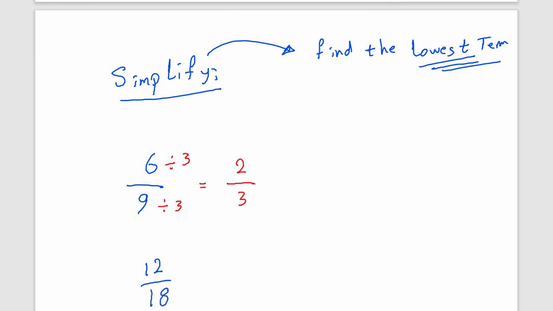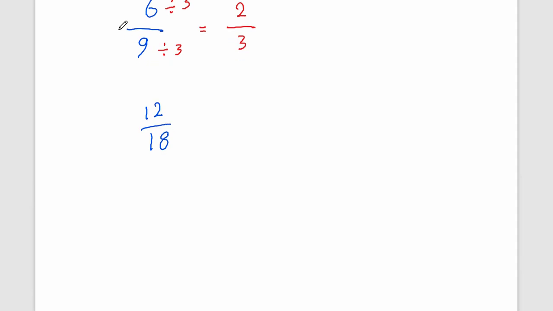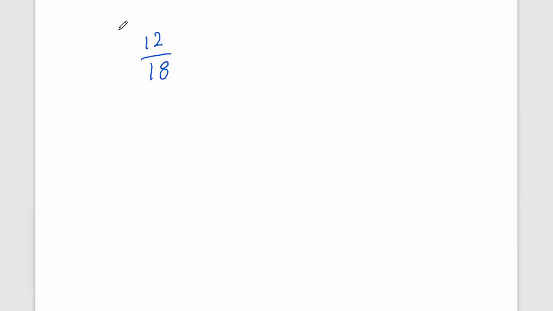Okay, in this one, my heroes, 12 over 18. We need to think what are the common factors of 12 and 18. I need someone to help me, so I will choose one of my heroes to help. Ali Isa?